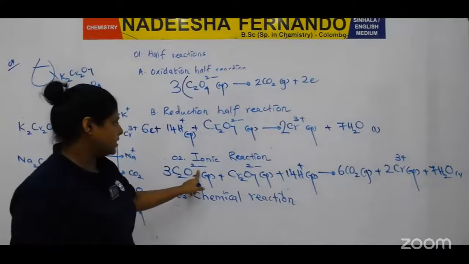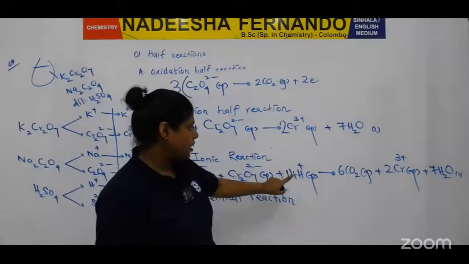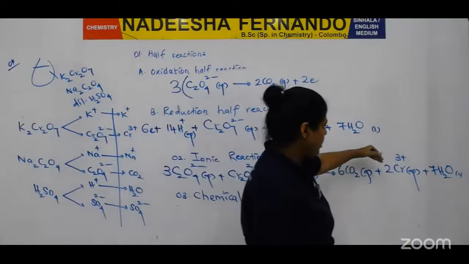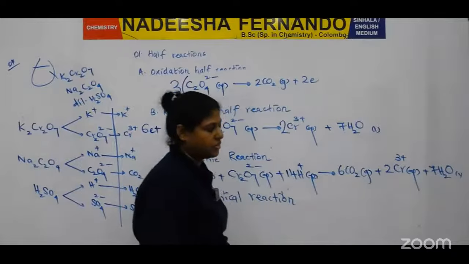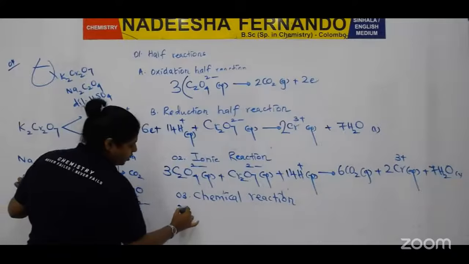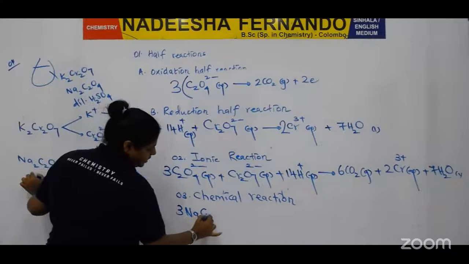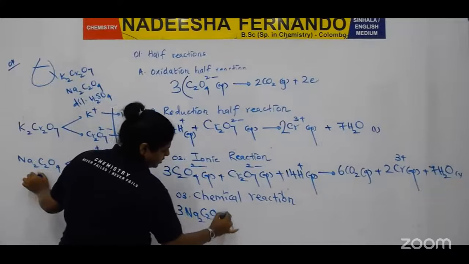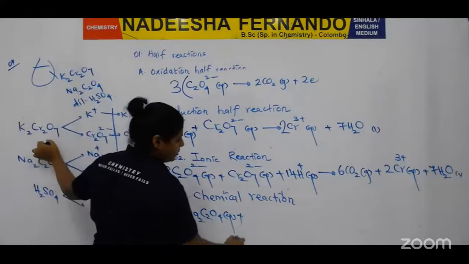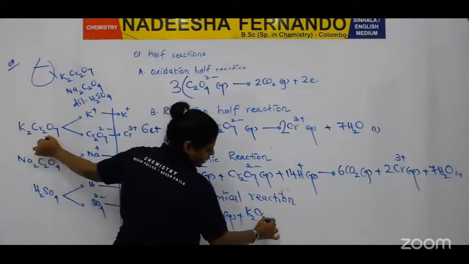Here minus 6 minus 2 plus 14 is plus 6. Here 2 into 3 plus 6. Reaction stands. Then C2O4 2 minus is given by sodium oxalate, so 3 sodium oxalate. Cr2O7 2 minus is given by potassium dichromate, K2Cr2O7.